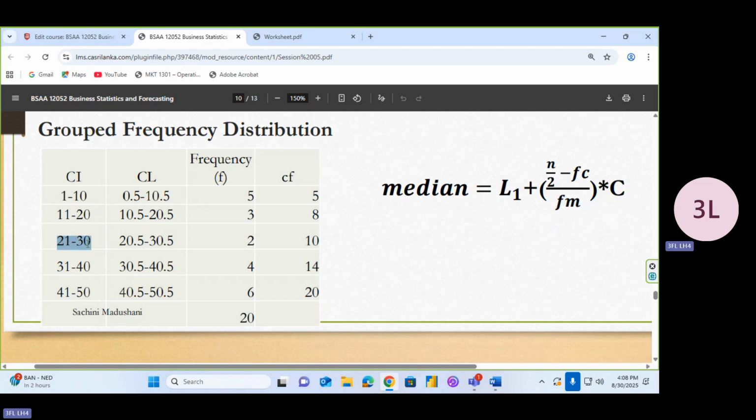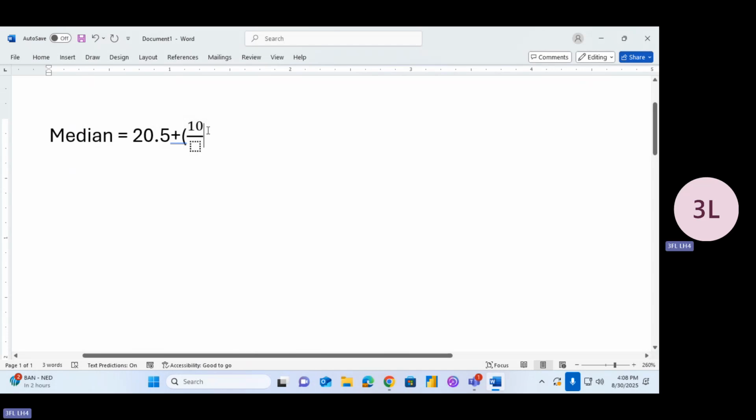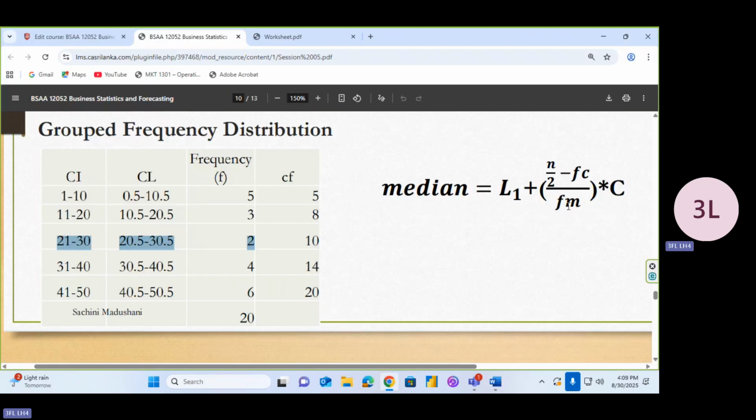The median class is 21 to 30. What is the frequency? 2. Then here you can write 10 minus FC, divided by 2. Is it clear? Okay. Then here FM is 2.